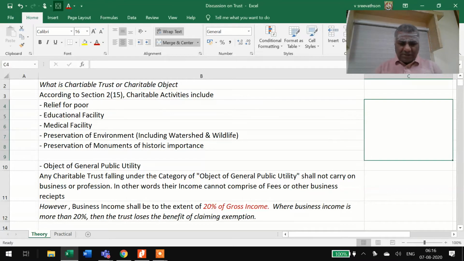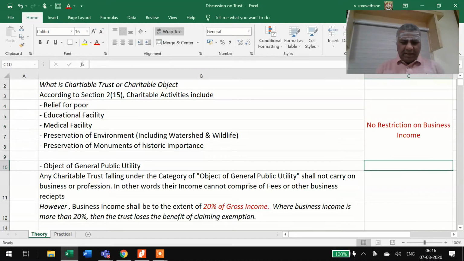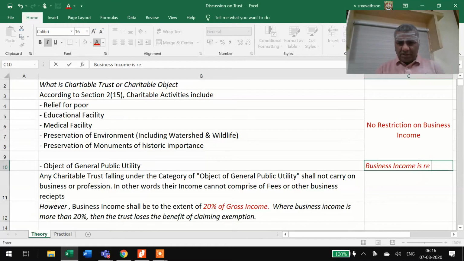So on the first five categories, six categories, there is no restriction on business income. It can be any quantum. Only in this category is business income restricted to 20% of gross receipts.